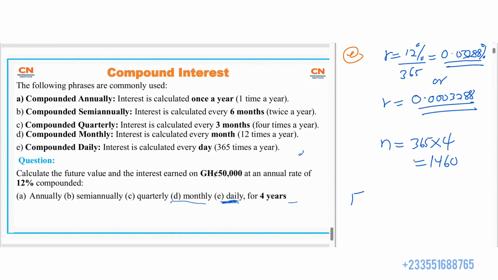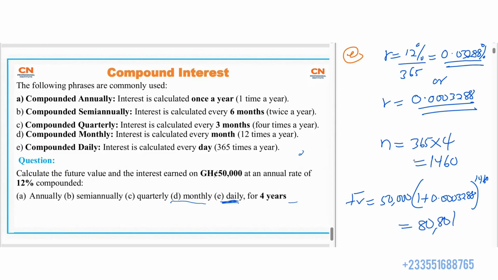Then the future value is equal to 50,000 into brackets 1 plus 0.0003288 raised to the power 1460, and that should give us 80,801.